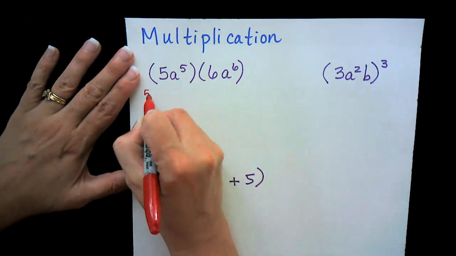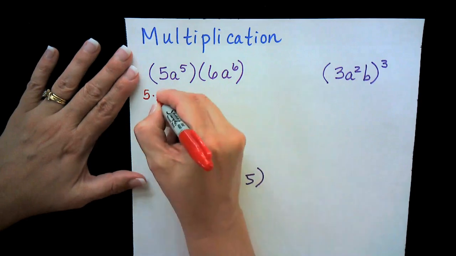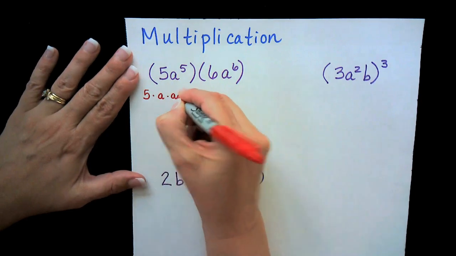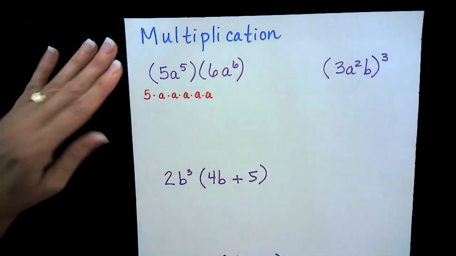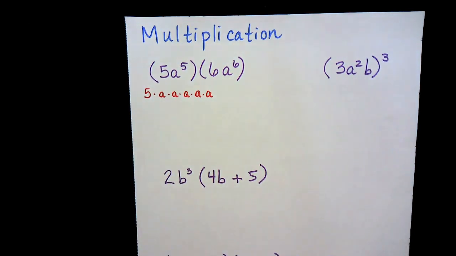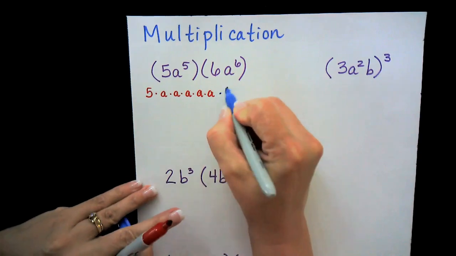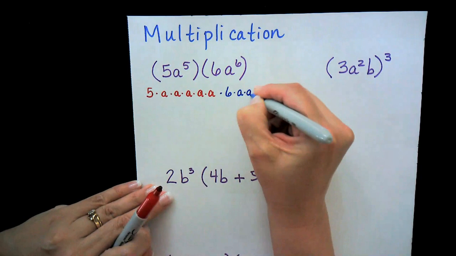That means a 5 times, now a to the 5th means a multiplied by itself 5 times. Then look at the 6a to the 6th. What that means is 6 times a times itself 6 times.